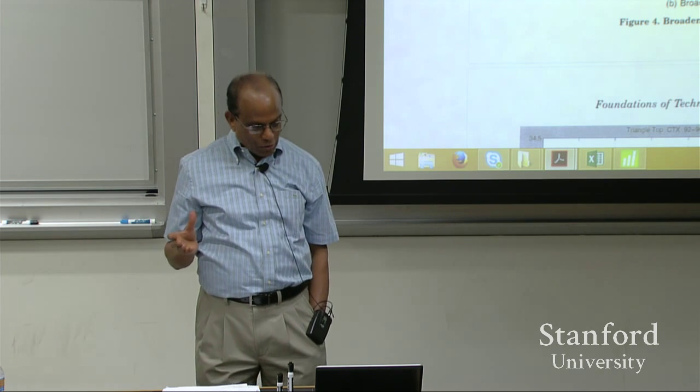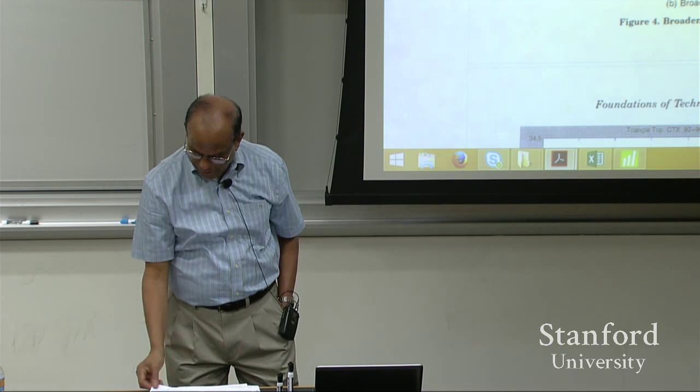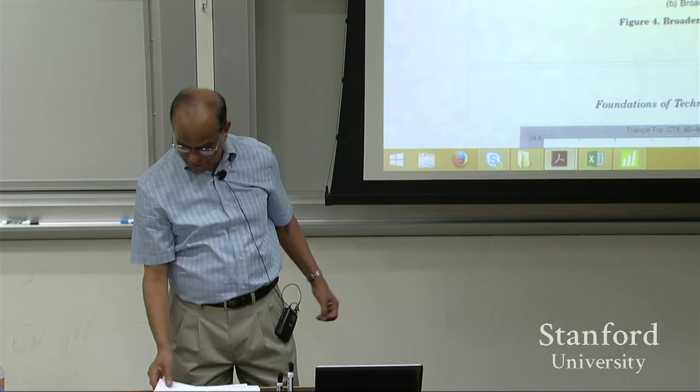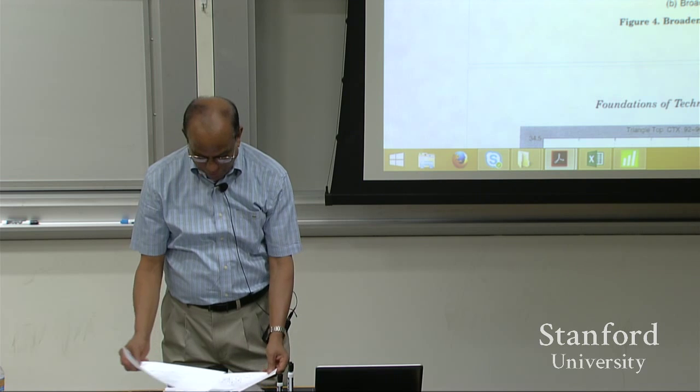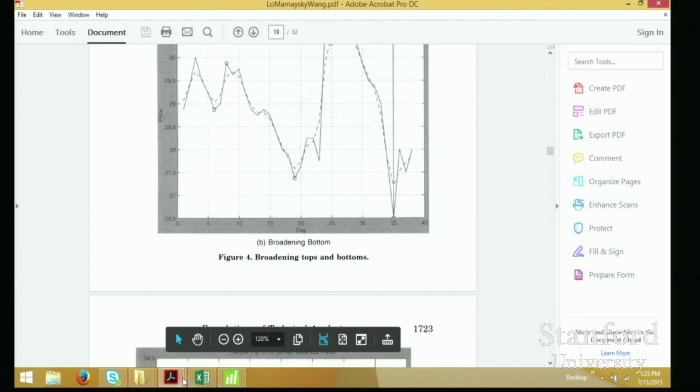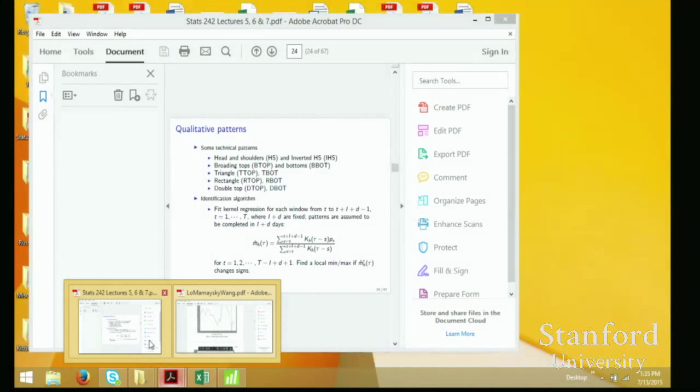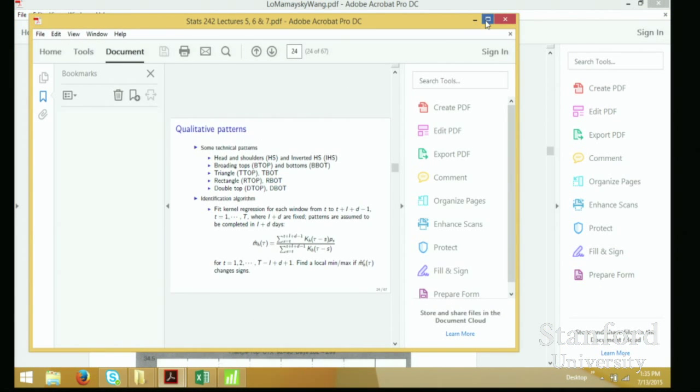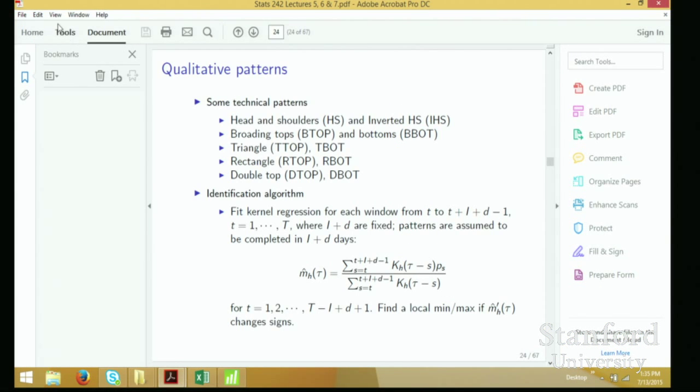For that reason, I'm not going to spend too much time on this. If anyone is interested, you should read through this paper. When it was published, it was very well received, so you may want to take a look at it. Let me move on to the next topic.